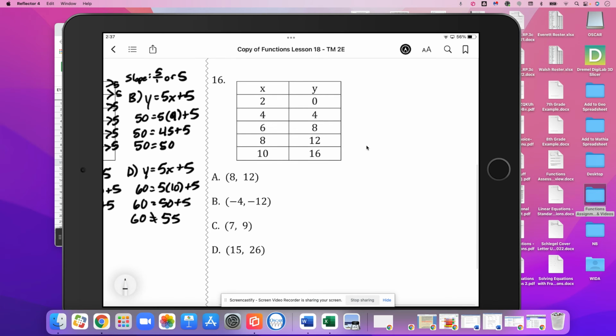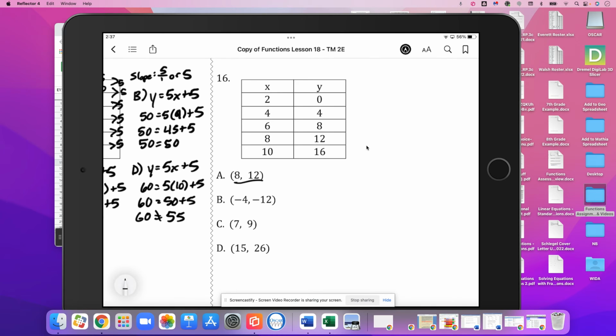So 16, let's check and see if there are any pairs. There is right here, 8 and 12. So we get A for free. B, C, and D, I don't see any matches there at all. So we're going to have to go ahead and create an equation for those. That's increasing by 4 each time. This is increasing by 2 each time.